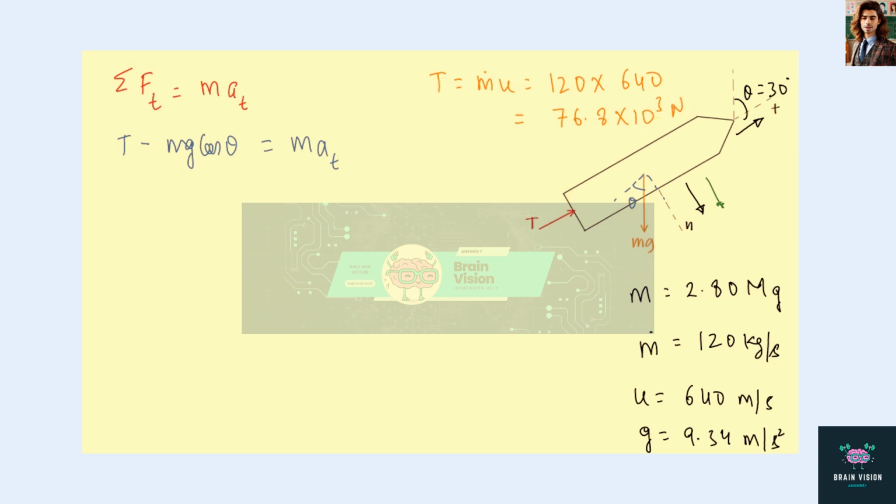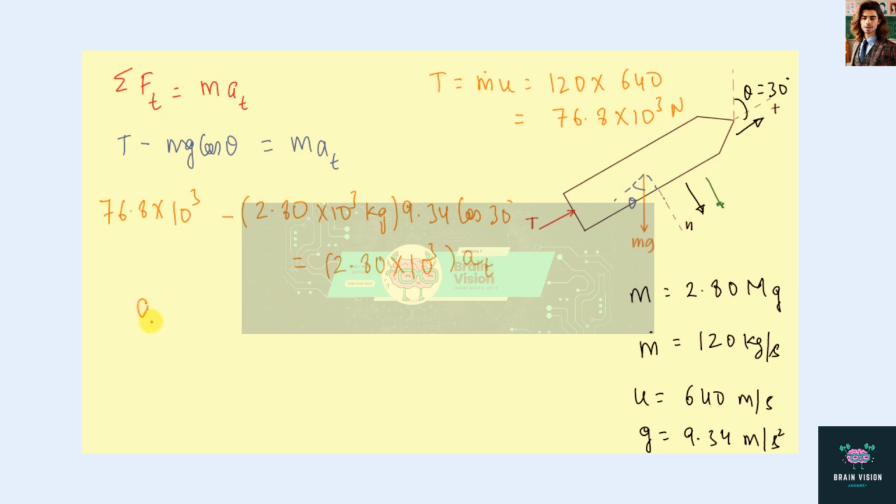Now we can put the values here. The thrust force is 76.8 times 10 to the power 3 minus mass, taking the value in kg, 2.80 times 10 to the power 3 kg, times g, 9.34, times cosine theta, where theta is 30 degrees, equals 2.80 times 10 to the power 3 times the acceleration at.